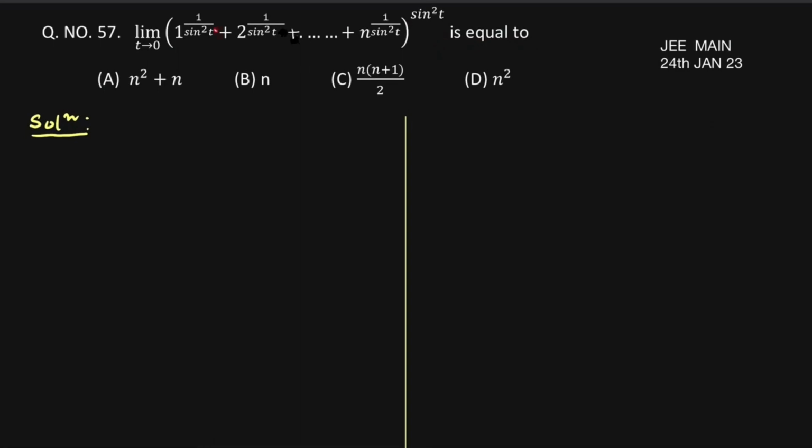We will take 1 divided by sine square t equal to y. This implies that we are able to write sine square t equal to 1 by y.